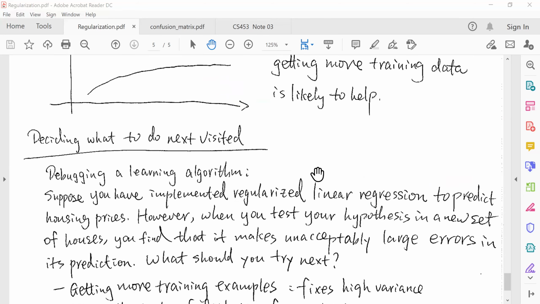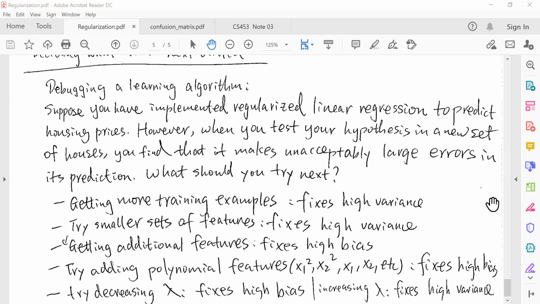A lot of the time it will also help. So here it gives us some summation regarding the regularization. Getting more training data can fix what? High variance. And trying a smaller set of features can also fix high variance.